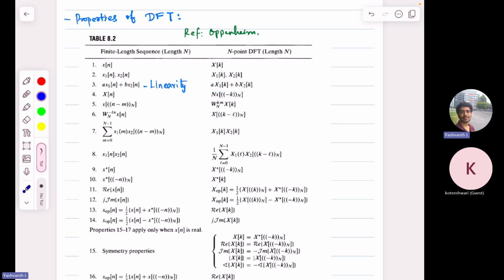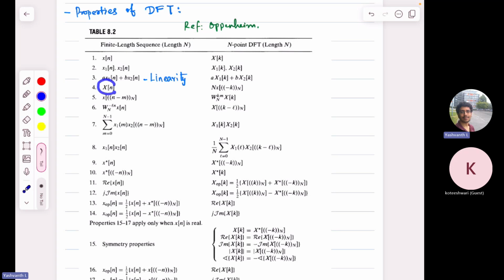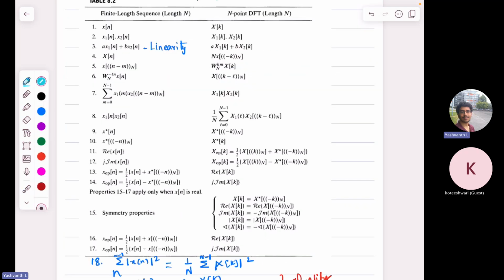Now property 4 says that if I construct a time domain signal using the DFT of a signal x of n, then its corresponding DFT will be N times x of minus k modulo N. If you recall, the professor had discussed this in class, and this is precisely what is called the duality property of the DFT.